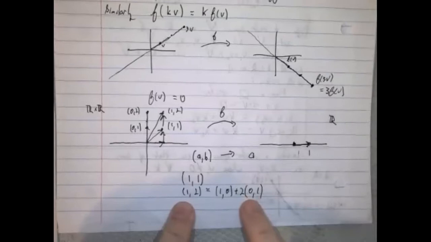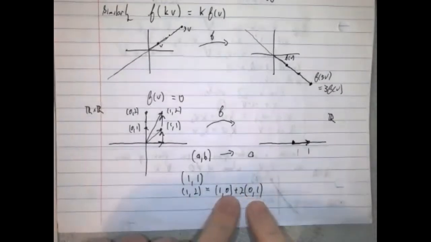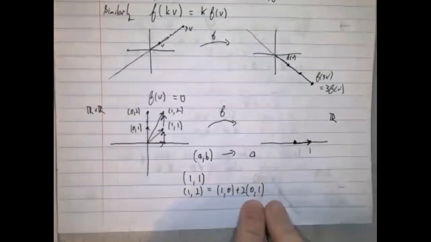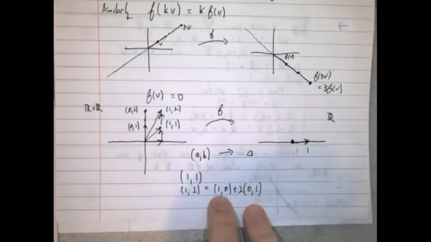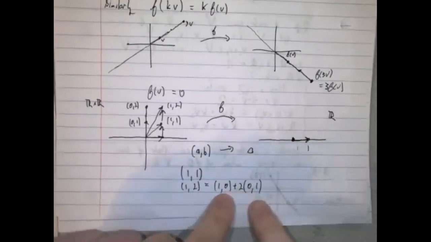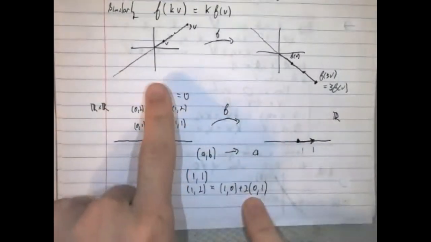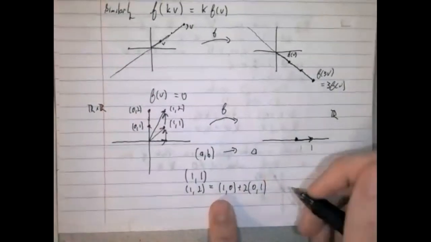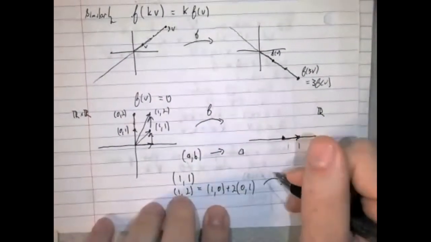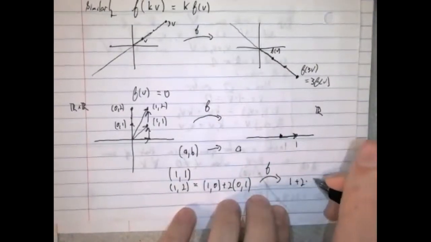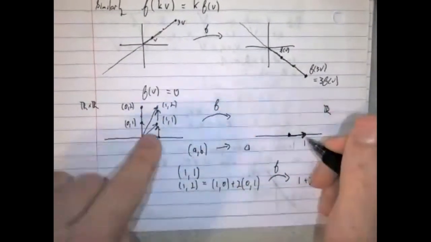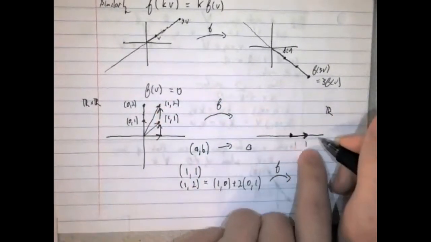Is this okay? Yeah. What does the linear transformation do to the vector 0, 1? It sends it to 0. So this sum of 1, comma 0 plus 2 times the 0, 1 vector maps under f to the vector 1 plus 2 times 0, which is exactly what you see. This vector 1, comma 2 just gets mapped to the vector 1.